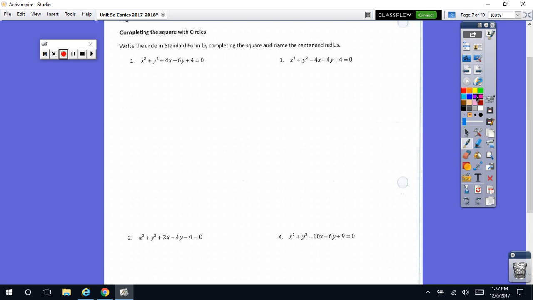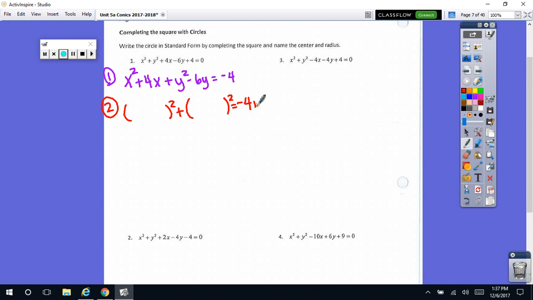Okay, Friday, y'all did these problems. So let's go over them and see if you got them right. Okay, step 1. Set up your bubbles.